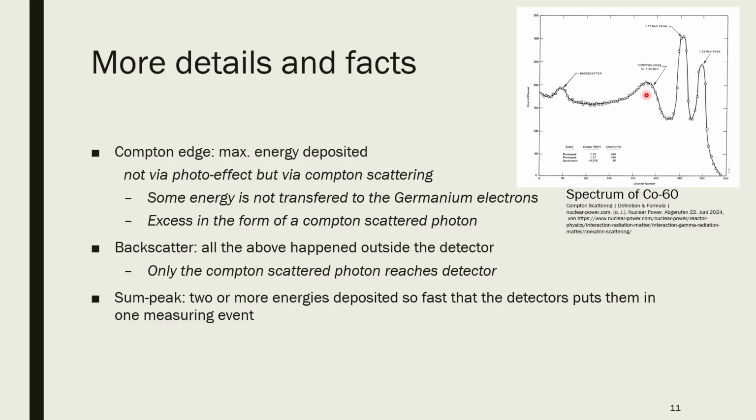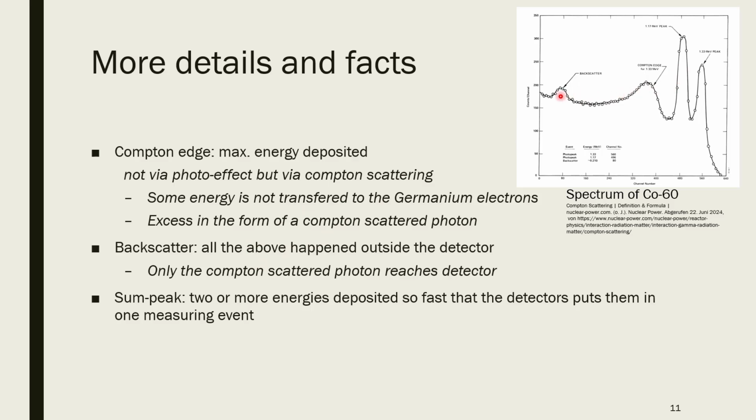So a gamma photon hitting an electron and being Compton scattered and not doing a photo effect, because via the photo effect you will get these photo peaks. But if it's scattered, it will have some energy left, and this difference is the amount of energy left for the photon that could still exit the crystal without transferring more and more energy until it eventually deposited 100% of its energy in the crystal, leading to yet another photo peak.